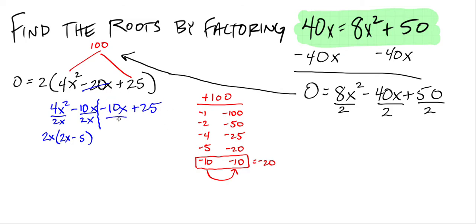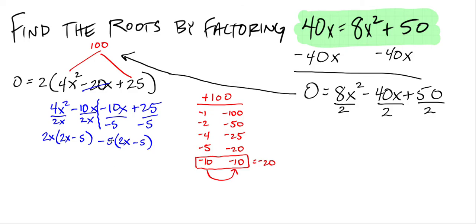Now, I can tell that they each have a 5 going into them. And to make it easier for me, when the first one's negative, factor out a negative. So I'm actually factoring out negative 5. I'll be left with 2x and then negative 5.